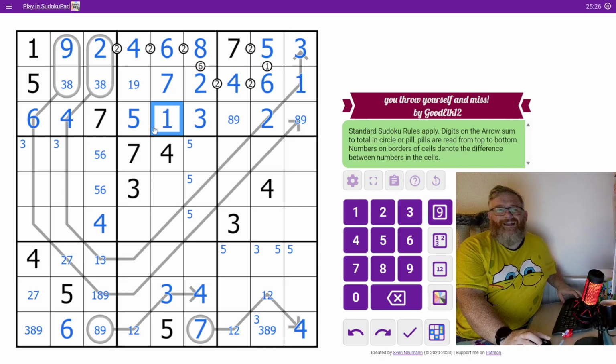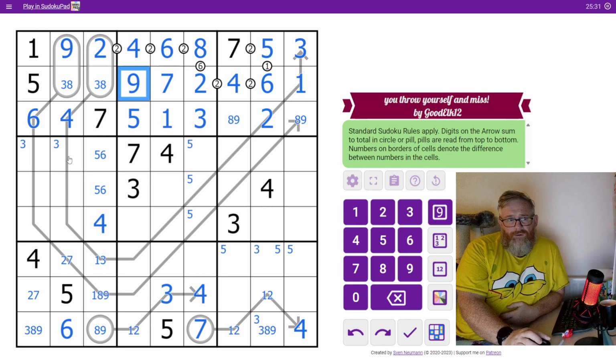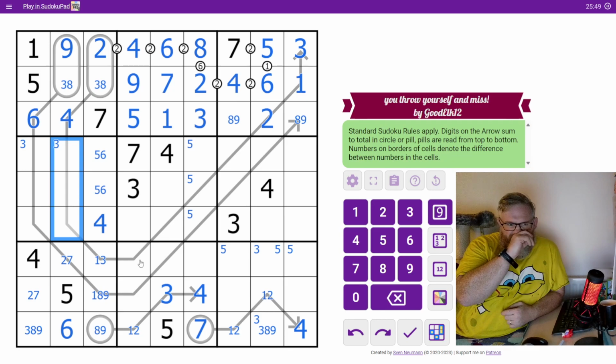So what I've done is I've worked out that even if we put an 8 on here, we can't have numbers as big as 8 or 9 on the rest of the arrow. So what does that do to us?